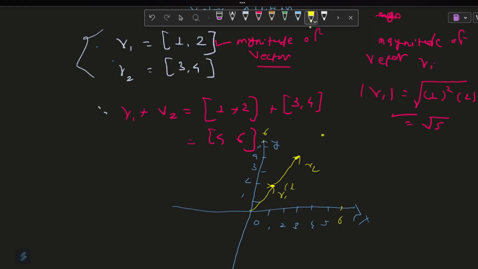This is the point (1, 2), this is (3, 4), and this is (4, 6). Simple vector addition. In negative cases, the graph of addition is clear. The graph of the sum is something different, right? But I hope you understand the representation of vector addition as well.